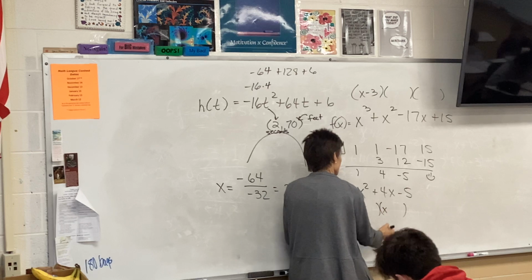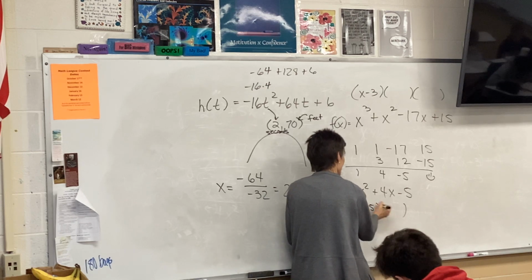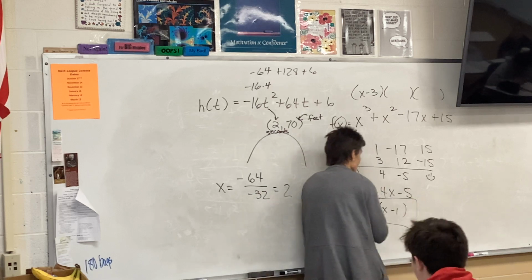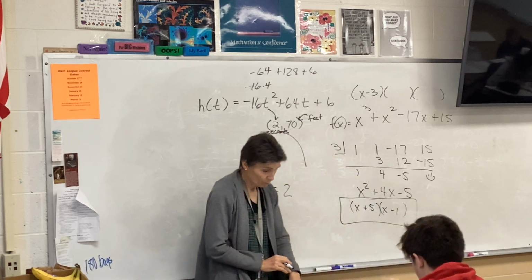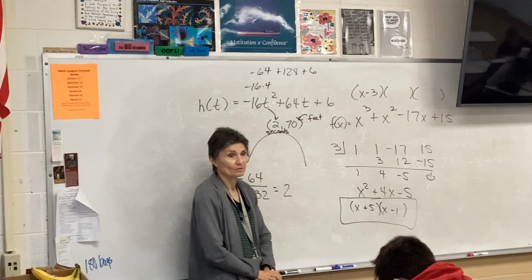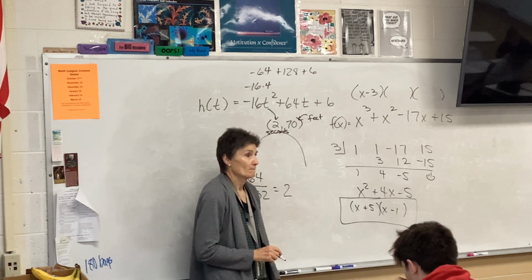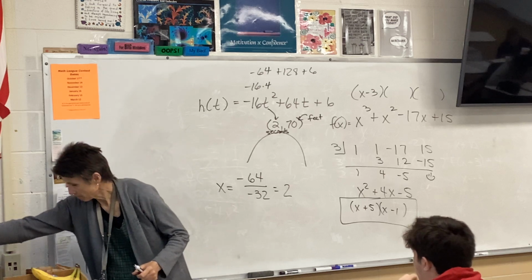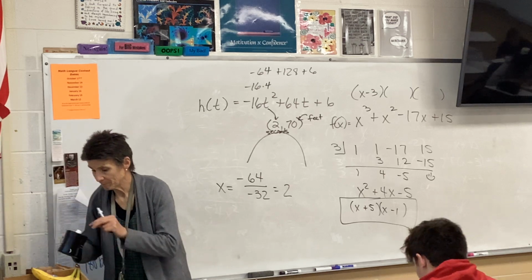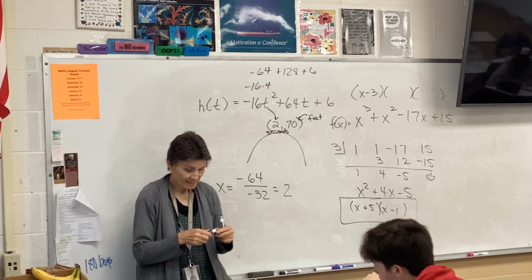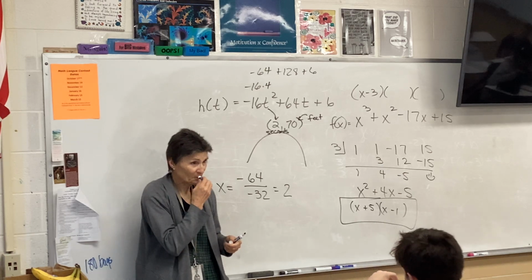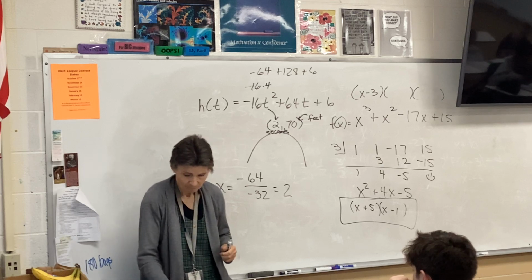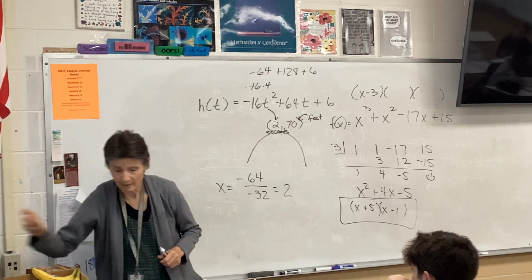So x plus 5, x minus 1. There is the answer to the question. Your job was to find the other factors. There they are. So how do we do that again? What do we do? Synthetic division. We divided. Don't we do a lot of dividing? Yeah. So if you're stuck, I don't know what to do, try dividing. Probably that will work for you.